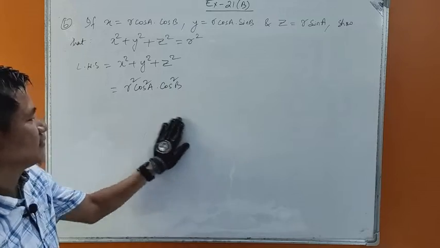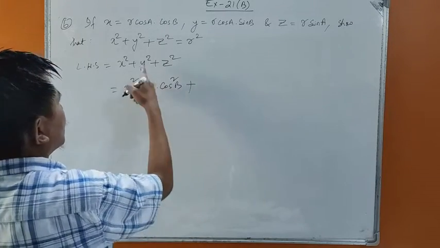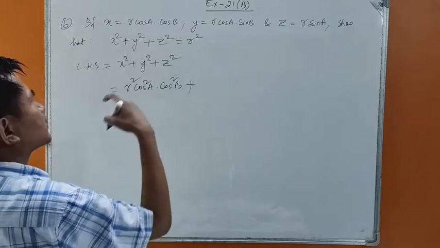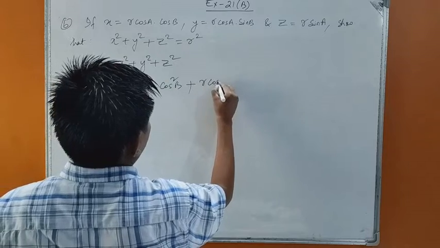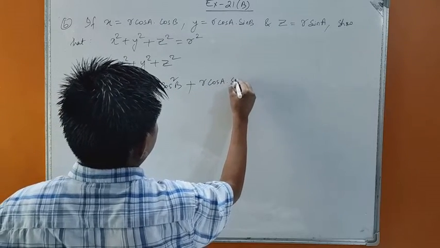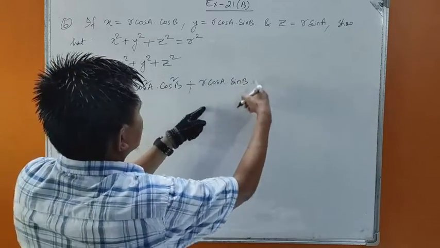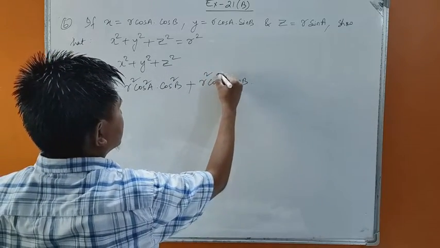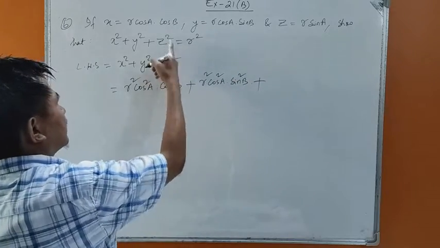The same thing. Okay, now plus y square. What is the value of y given to us? R cos A sin B. So y is also squared, so whole squared means we can square individually, plus z squared, isn't it?